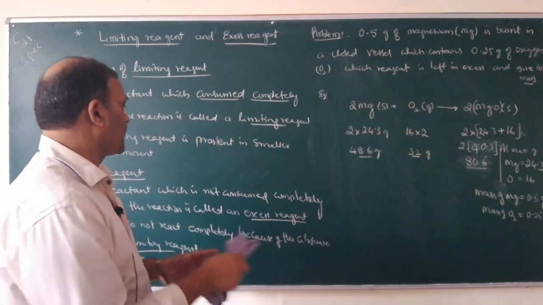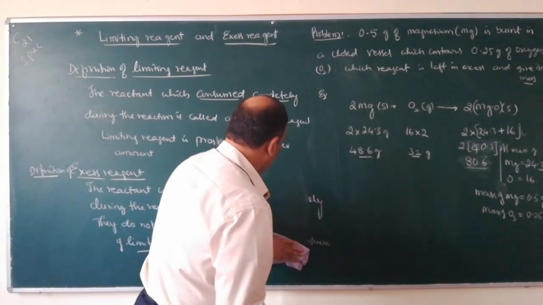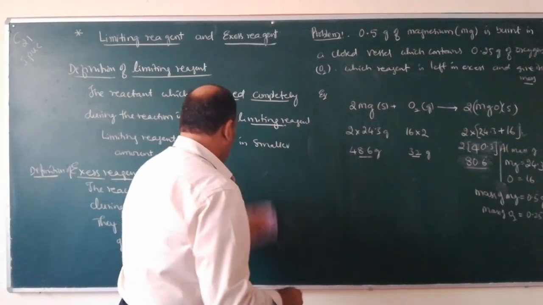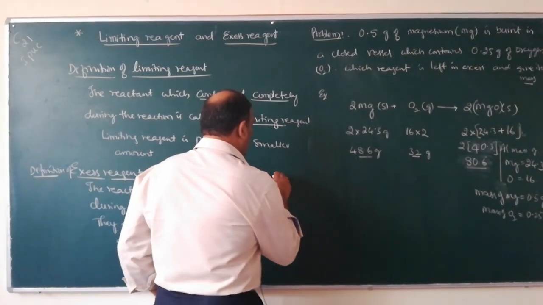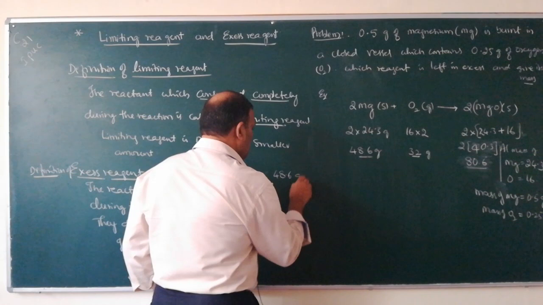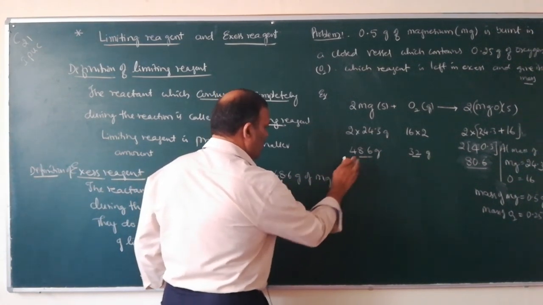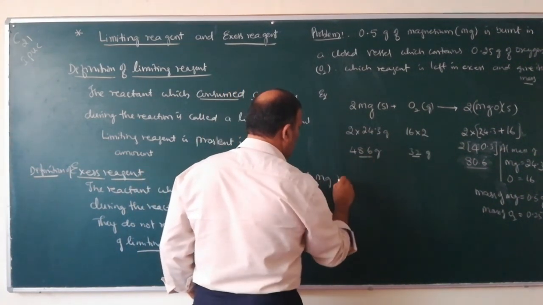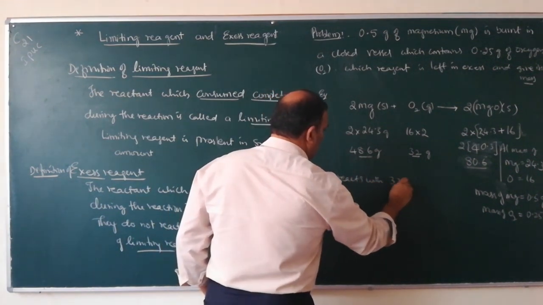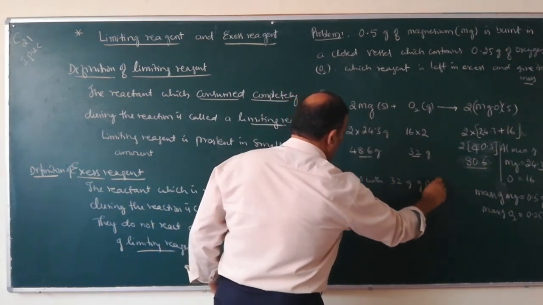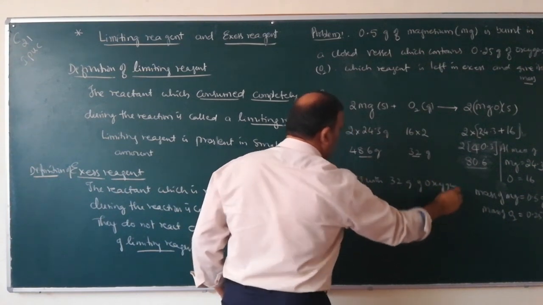According to this stoichiometric equation, 48.6 gram of magnesium reacts with 32 gram of oxygen.